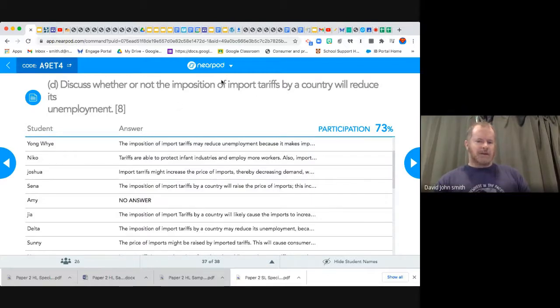So you will be starting with definitions quite clearly. You're going to be defining import tariffs. You can also define unemployment. That would be a useful thing to do. You're going to be talking about how import tariffs affect imports and then therefore affect consumption choices, affecting production if they're raw materials.